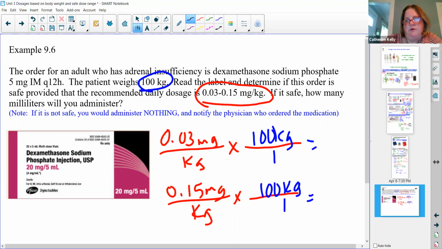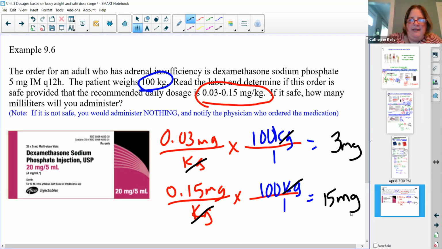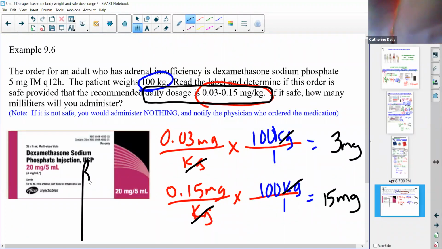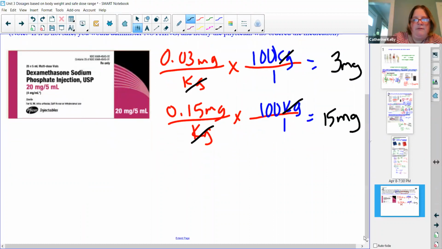So my kilograms cancel, and I do the math and I get 3 milligrams. And my kilograms cancel again, I get 15 milligrams. If I look, it says the daily dosage is safe here, so that's per day. So my patient can have 3 to 15 milligrams per day.